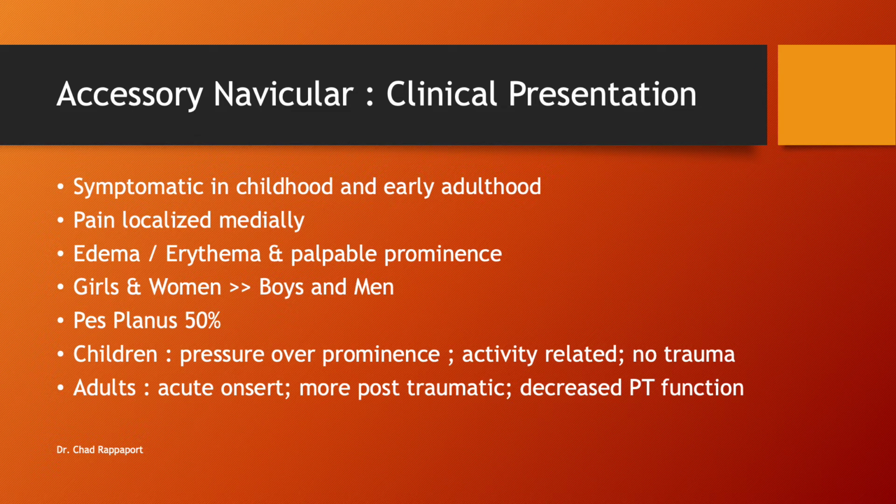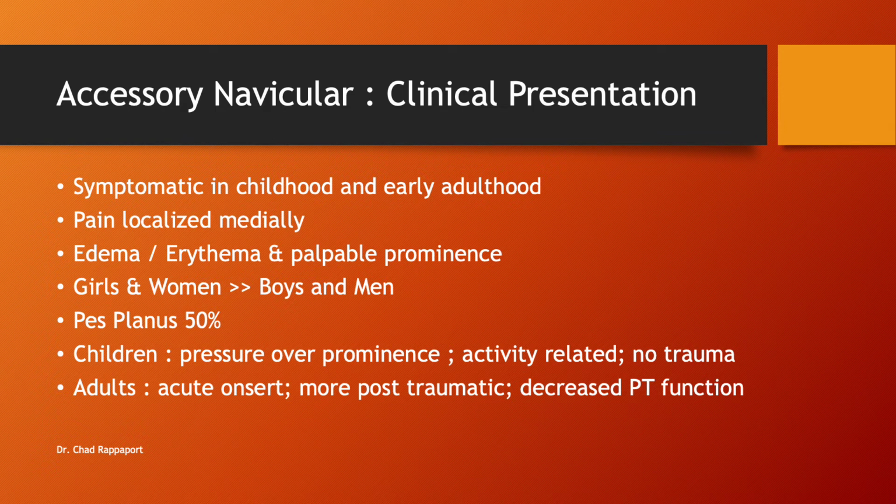The clinical presentation of these patients differs depending on their age. Children typically have symptomology and pain with pressure over the medial prominence, which is activity related and not attributable to any type of trauma.